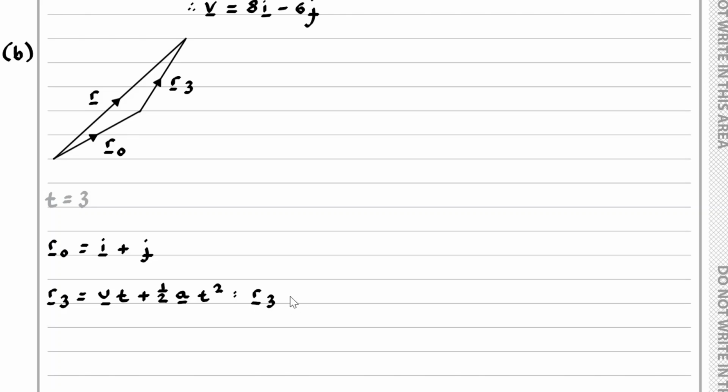So we've got r3 equals u, which is 4i, multiplied by t, which is 3, plus 1/2 times a, which is 2i minus 3j, multiplied by t squared.